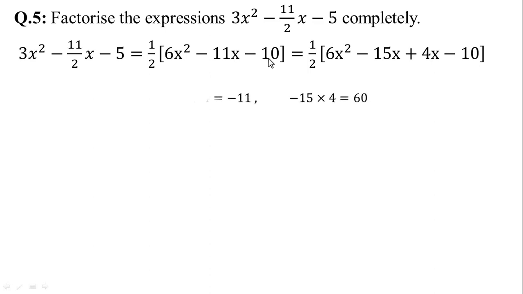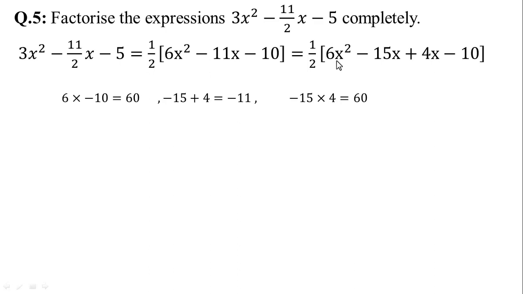Now the midterm breaking, then we have 6 multiplied by minus 10, answer is 60. So midterm breaking of 11 into 2 parts, when added, answer is minus 11 and when multiplied, answer is 60. So we have minus 15 plus 4, answer is minus 11 and minus 15 multiplied by 4, answer is 60.